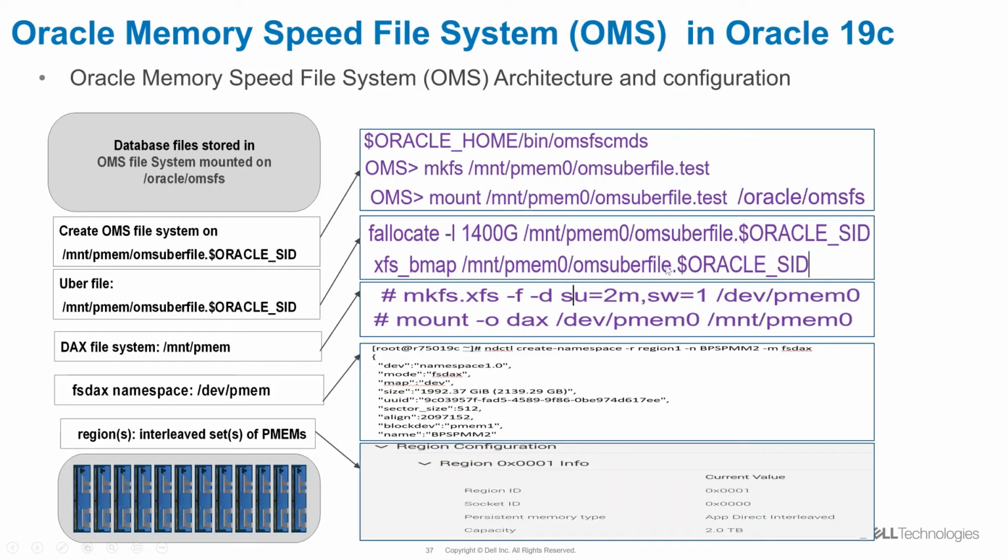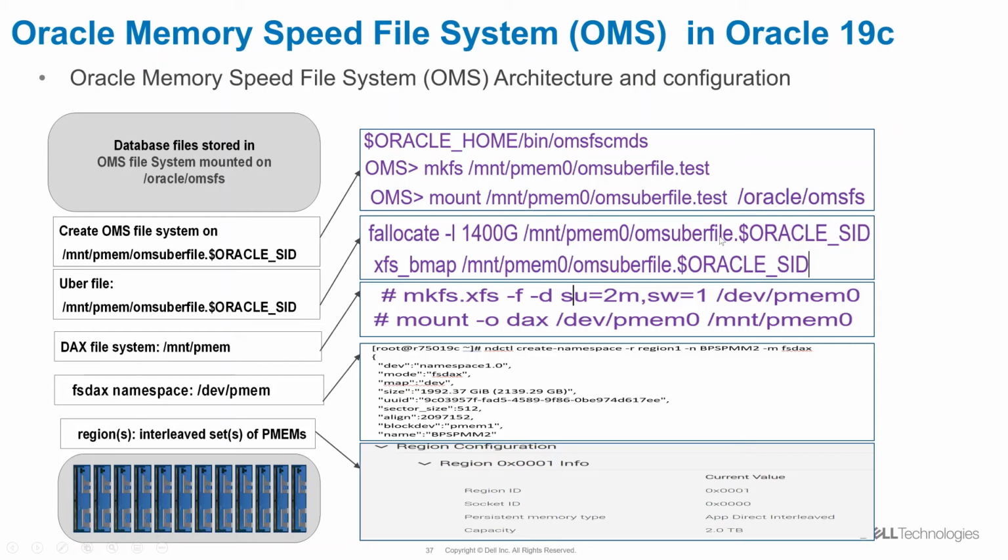Remember, the PBR file name has the Oracle SID name to distinguish the file name. Let's say if you have 5 databases, you're going to create 5 PBR files, which simply gives you one pointer for each database. Then you create a PBR file. In this case, the PBR file is for the test database. Then mount this PBR file to some logical mount point.